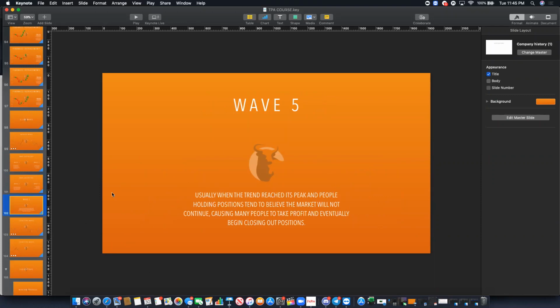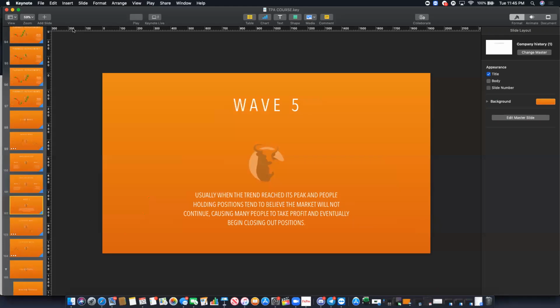Now, earlier I mentioned to you guys that it's either the third or the fifth wave that makes its extended push, right? Brandon, what I want you to understand is, if the third wave was not the extended push, then the fifth wave is the peak of the trend.